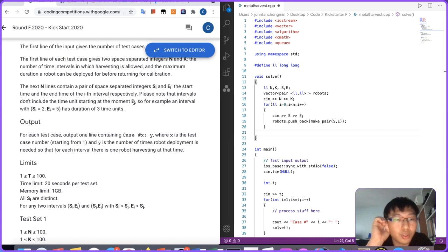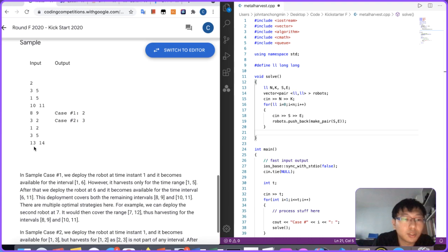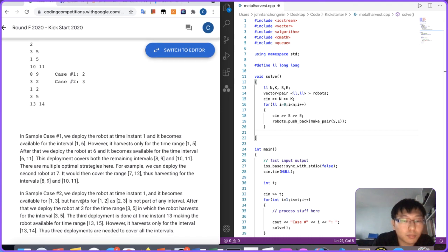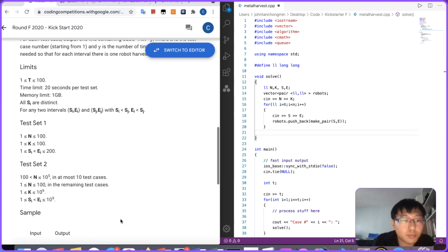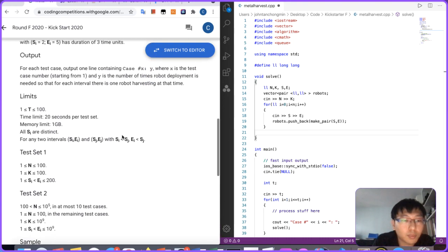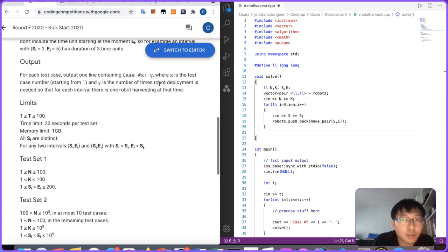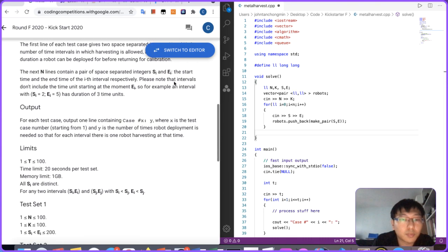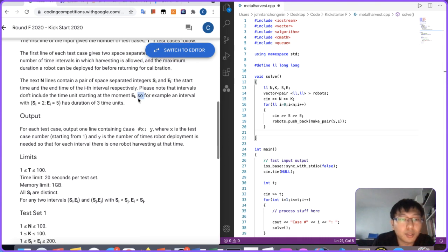Note that intervals don't include the time unit starting at the moment E. Okay, so that means 2, 3, 4 only for this. I have a feeling it's a greedy method to solve this.